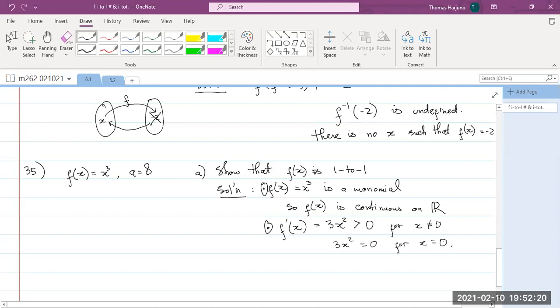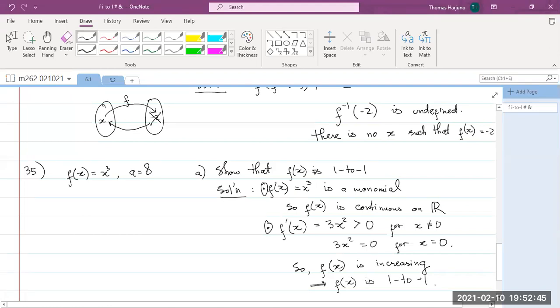So this function is strictly increasing except at one point. So the function is increasing. Therefore, the function is one-to-one.